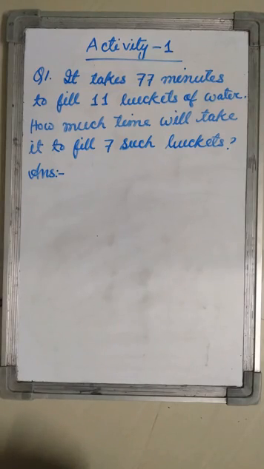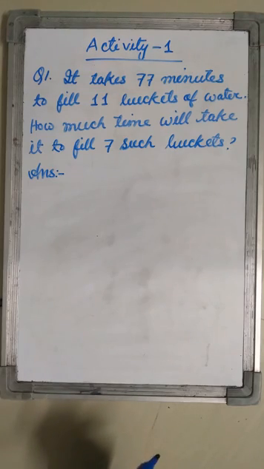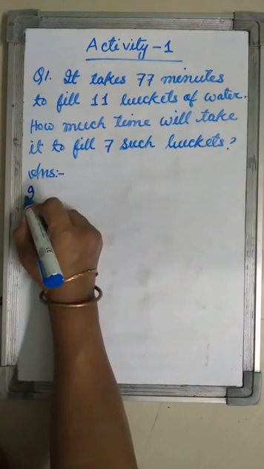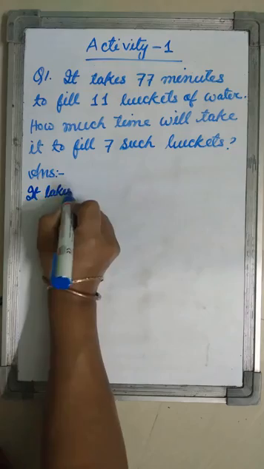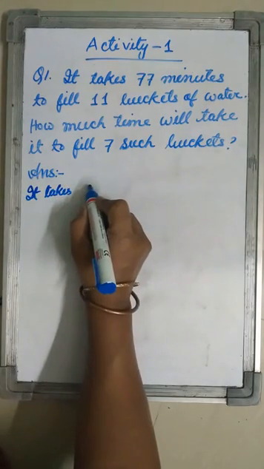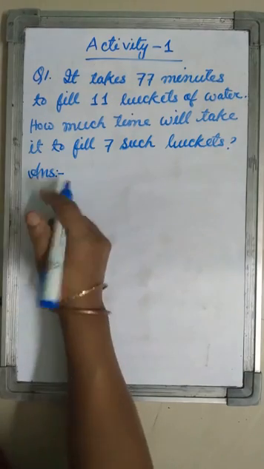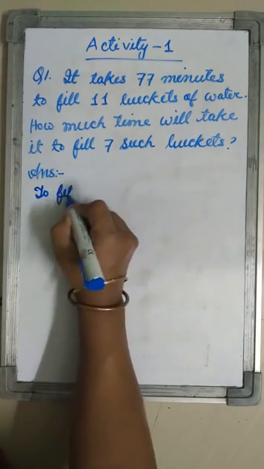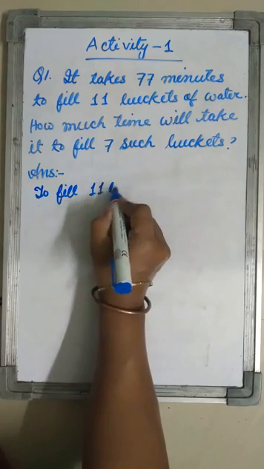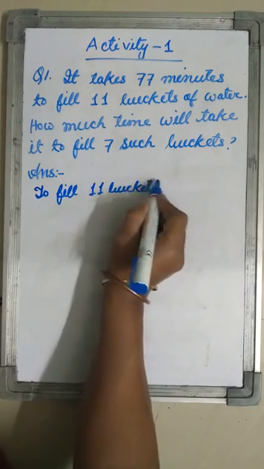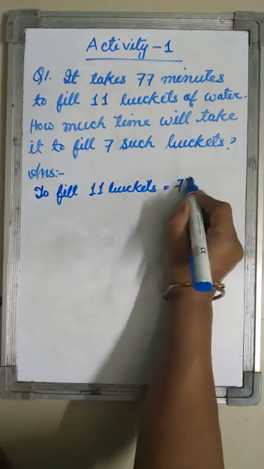Activity 1, question number 1. It takes 77 minutes to fill 11 buckets of water. How much time will it take to fill 7 such buckets? How to solve this type of question? You write, to fill 11 buckets, 77 minutes needed.